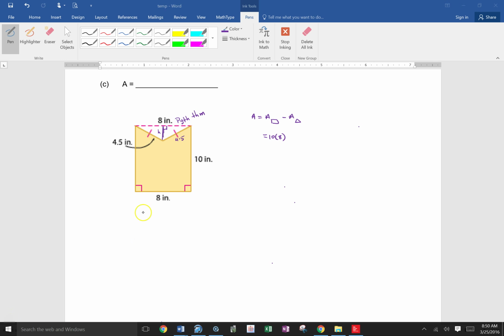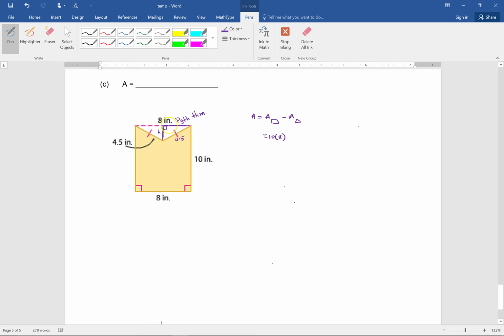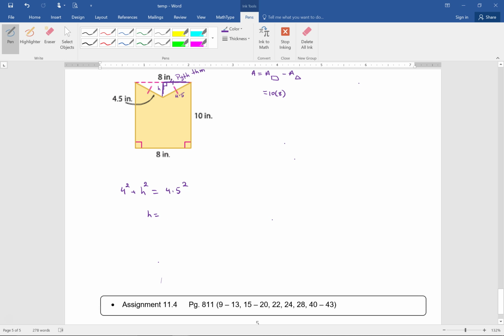Okay, so let me fix that equation. So this is 4. So 4 squared plus h squared is equal to 4.5 squared. And now we need to find what h is. And h is 2.06. Let's go to 2 decimal places, so our answer is a little bit more accurate.